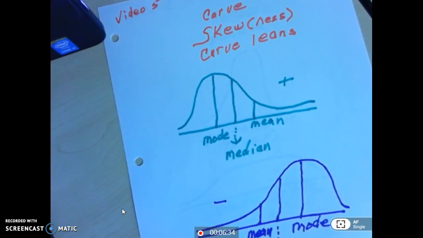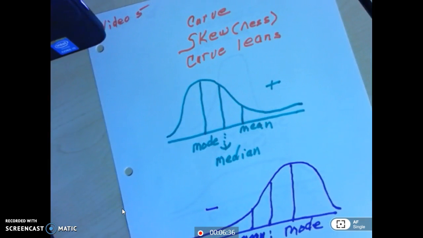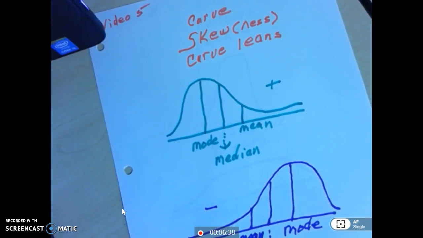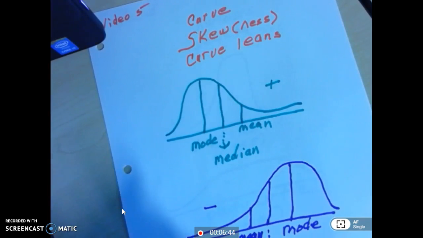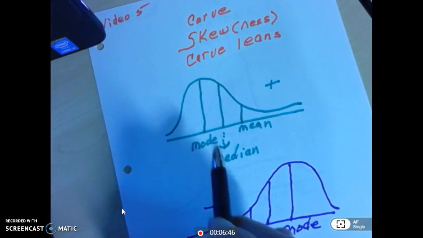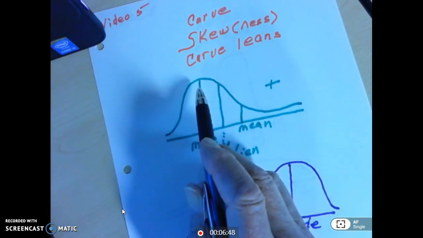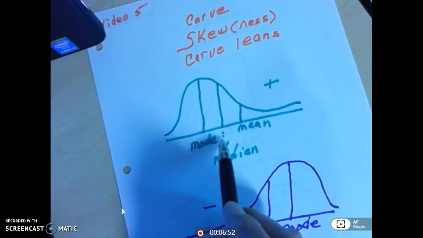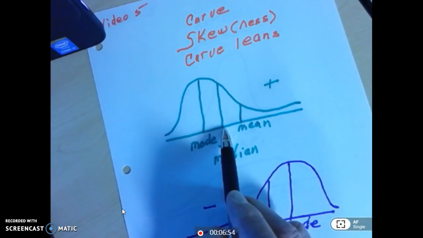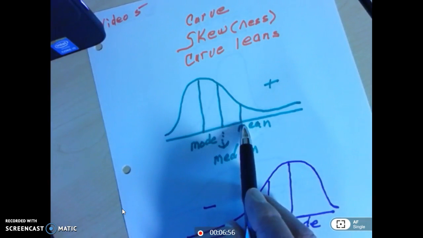Then we have some skewness, and our curve leans. You might say that skew is a leaning. The high point, where most of the numbers occur, is the mode. The next point is the median. The next point is the mean.